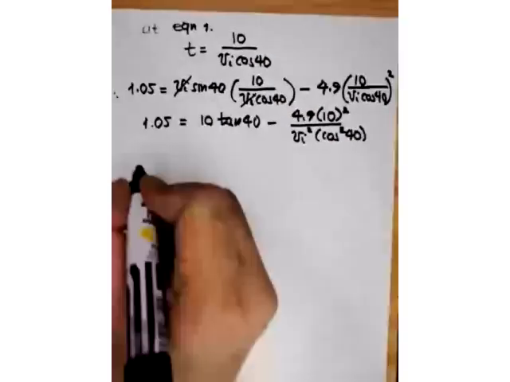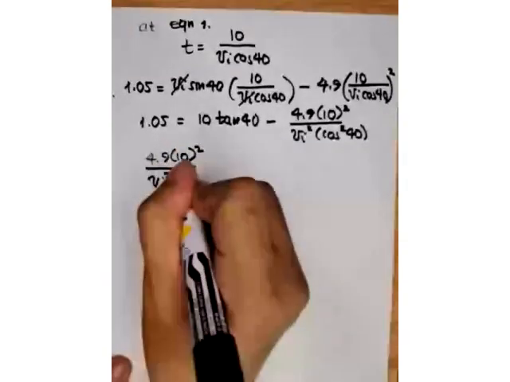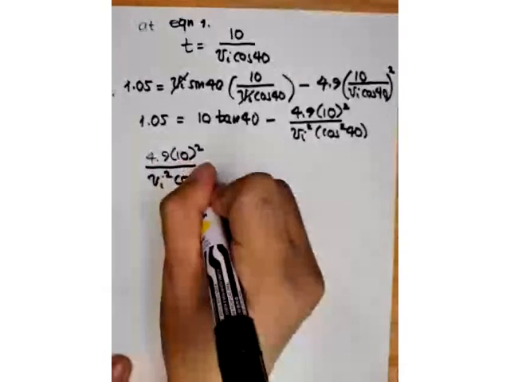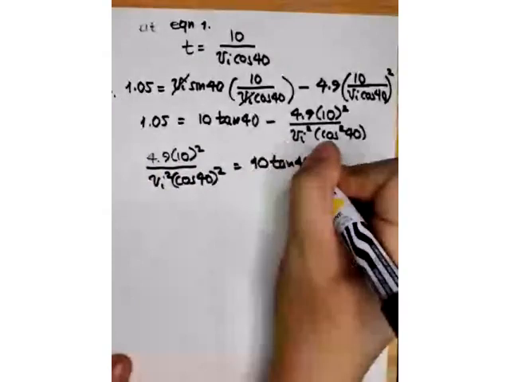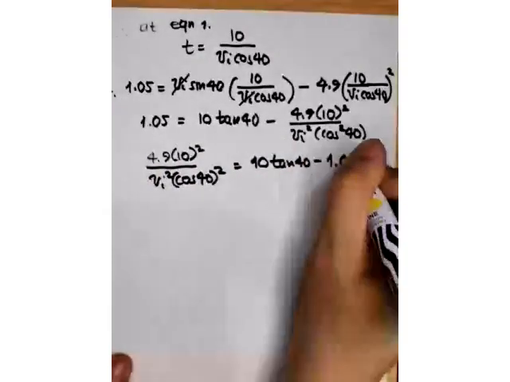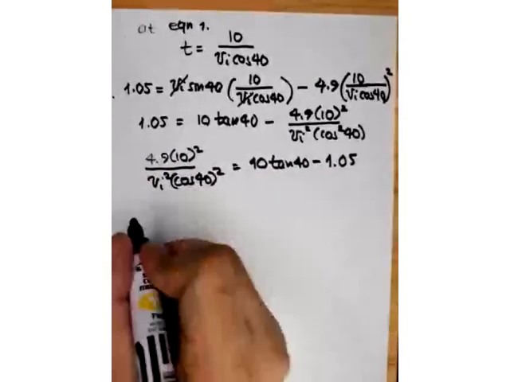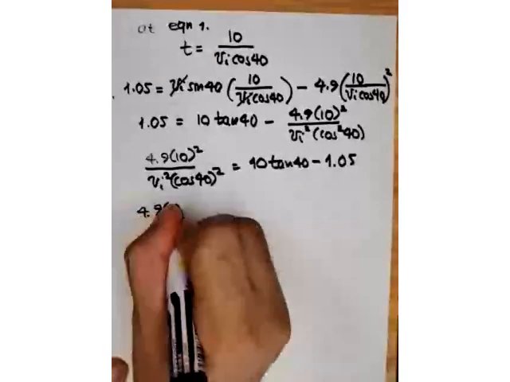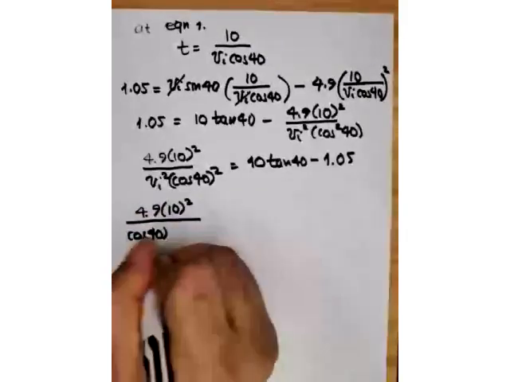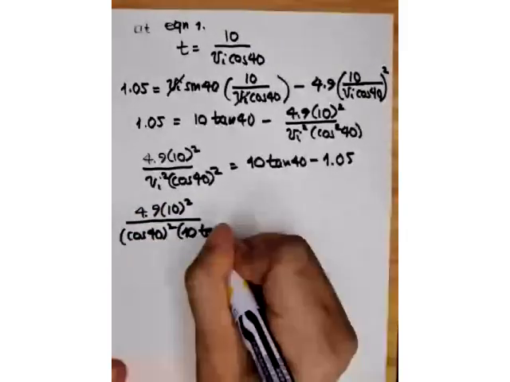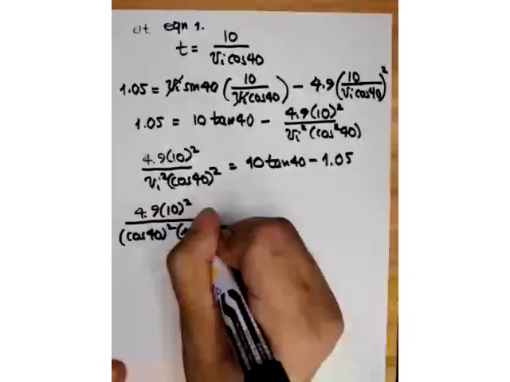Therefore, 4.9 times 10 squared over VI squared cosine 40 squared is equal to 10 tangent 40 minus 1.05. Then cross multiply: 4.9 times 10 squared over cosine 40 squared times 10 tangent 40 minus 1.05 is equal to VI squared.